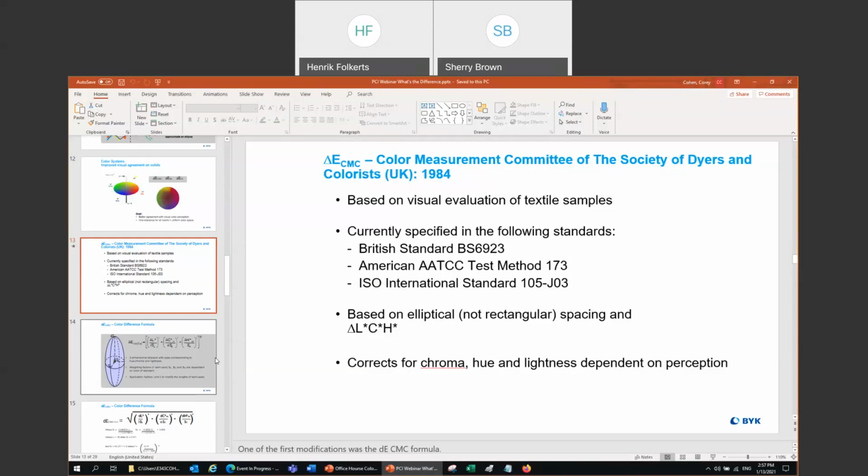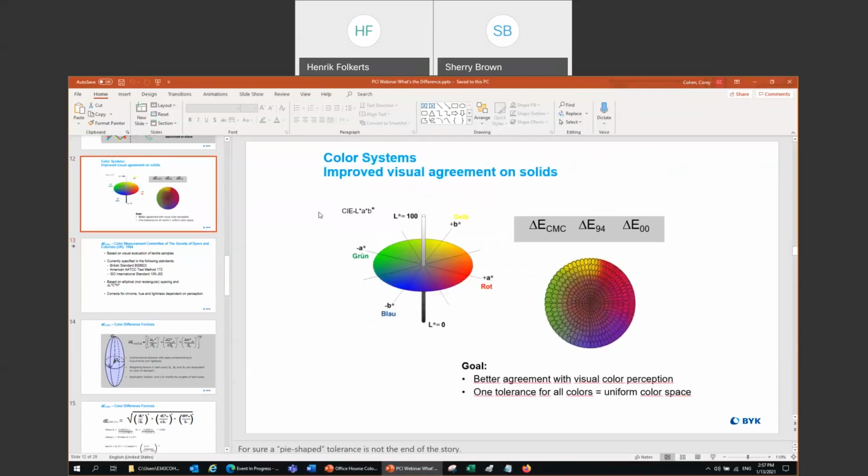So if you're using delta E star, you kind of have to determine what the acceptable tolerance is for each individual color. And that's one of the main benefits of using those improved color difference equations like you see here, CMC, 94, 2000, because the goal is to have just one tolerance for all your colors.